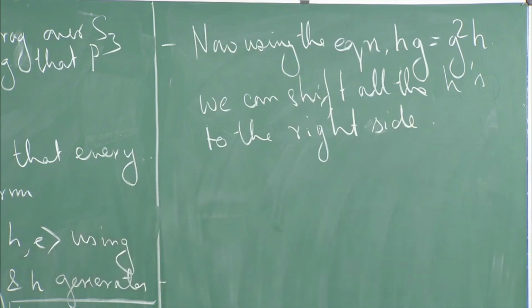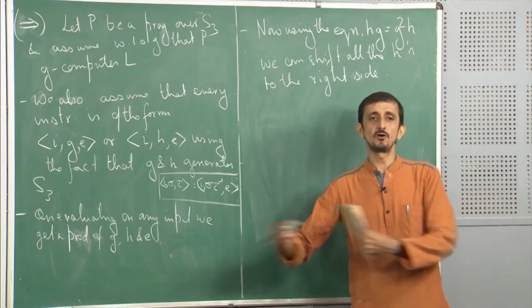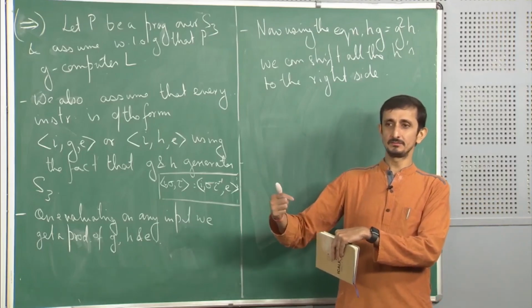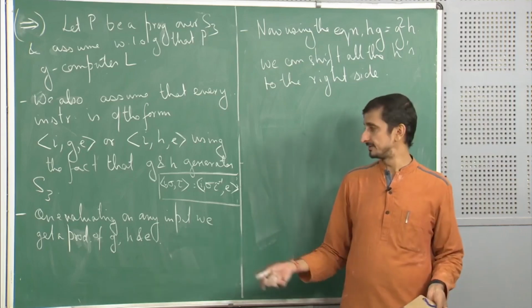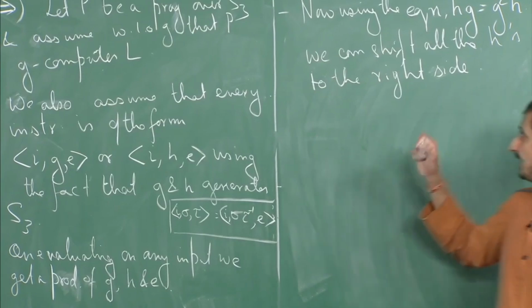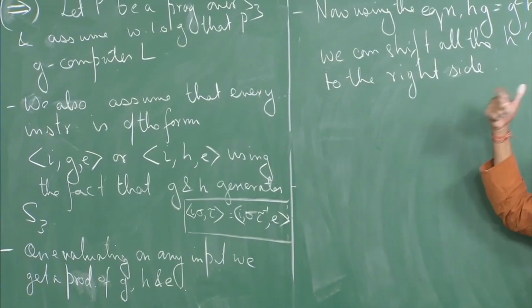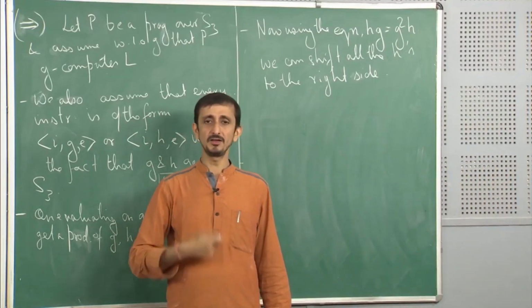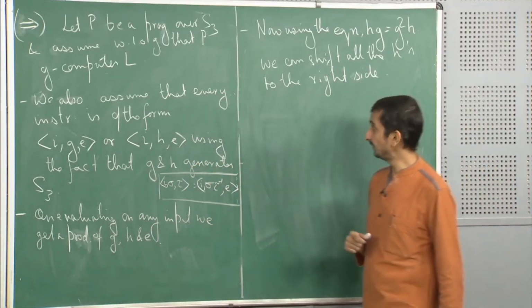Now, in this shifted product, where I have a product of G's followed by a product of H's, how many H's do I have? An even number of H's, right, because ultimately it is G computing. And how many G's do I have? So, the number of G's is either divisible by 3 or congruent to 1 mod 3, right.